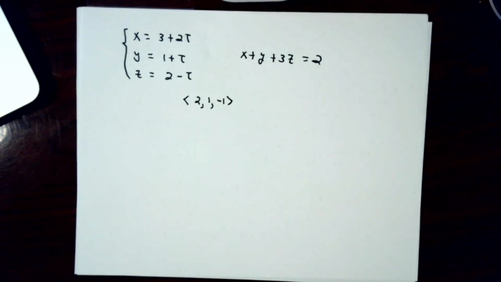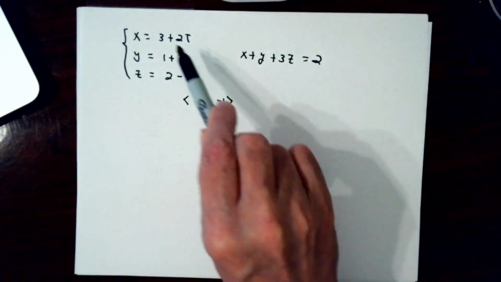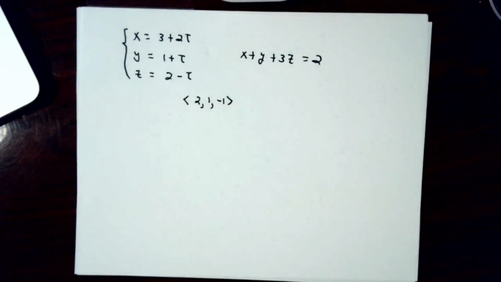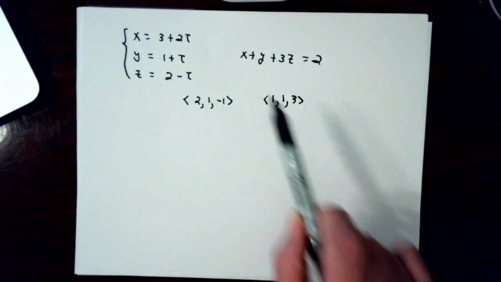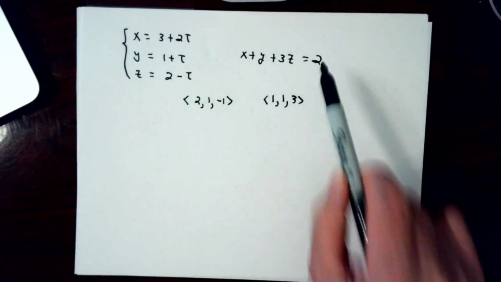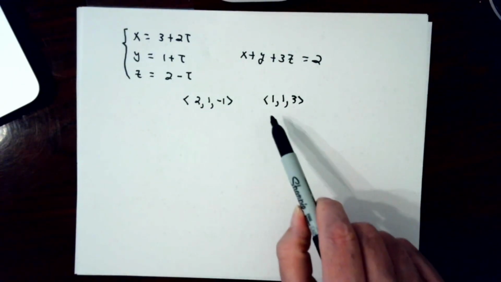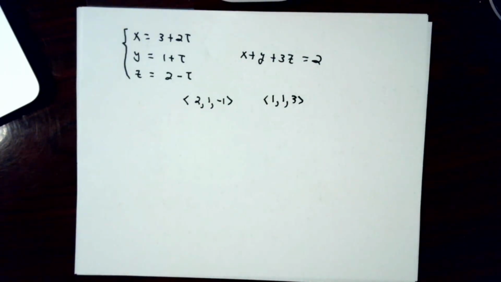A direction vector for the line is 2, 1, negative 1. A right angle direction for the plane are the coefficients of x, y, and z in the equation for the plane. So the vector 1, 1, 3 is a direction vector that's at right angles to the plane.